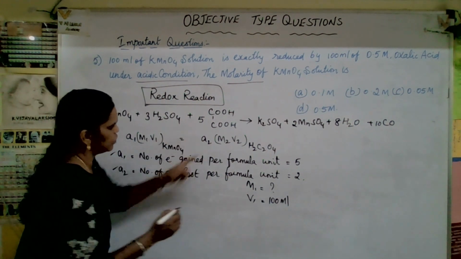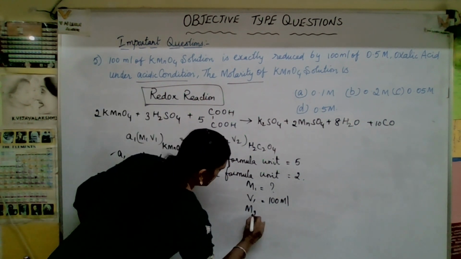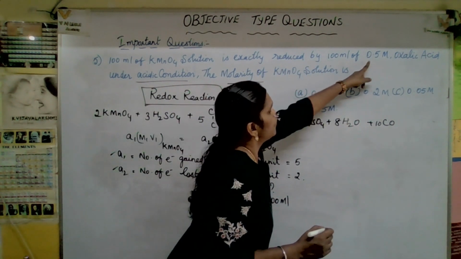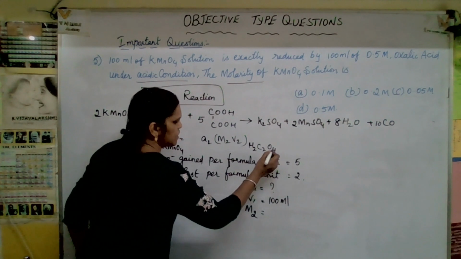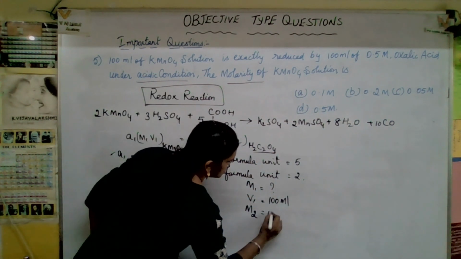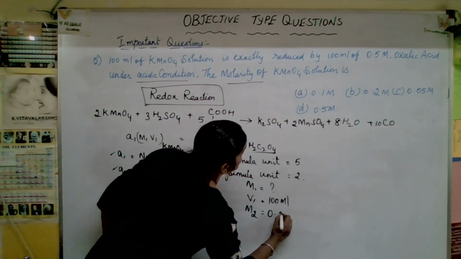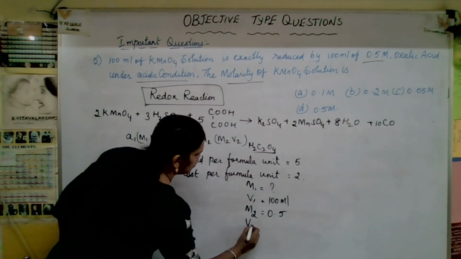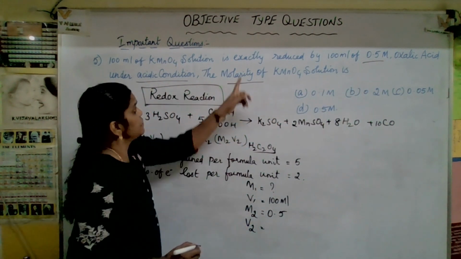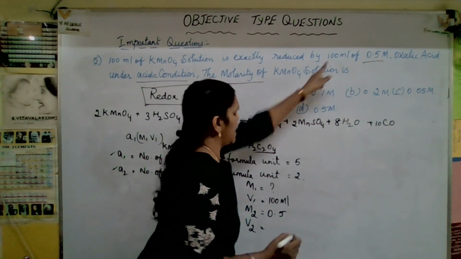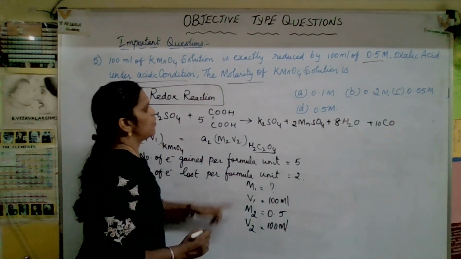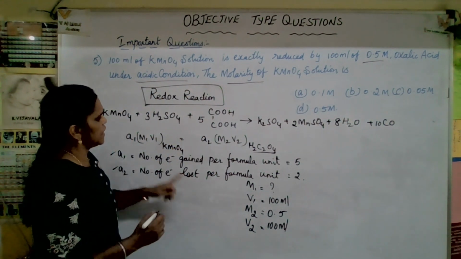M2, what is M2? 100 ml of 0.5 M oxalic acid, so it belongs to oxalic acid. It is 0.5. Right. And then V2, what is V2? Here also 100 ml.